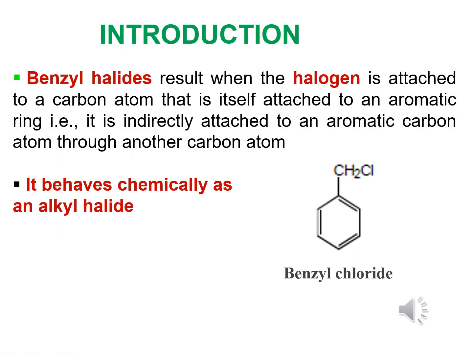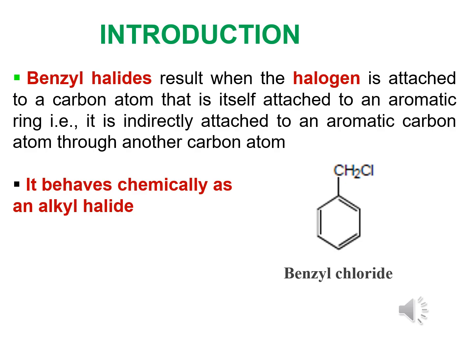We also have benzyl halide. In that case, the halogen is not connected directly to benzene, but to the carbon connected to benzene. When you have toluene, that is when I have a methyl carbon connected to benzene. So when one hydrogen of this methyl is replaced with a halogen, we call it benzyl halide.